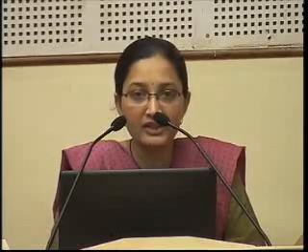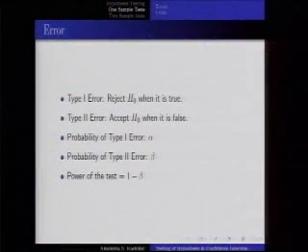The probability of the type 1 error is the same as our level of significance, alpha. And if we denote the probability of type 2 error by beta, then the power of the test is 1 minus beta. Now we know type 2 error is basically accepting H0 when it is false, so the complement of this would be rejecting H0 when it is actually false.